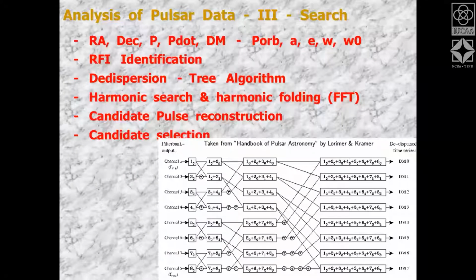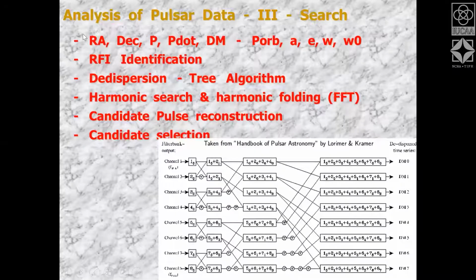The first is the dispersion measure, which is basically the dispersion delay by the ISM, which is also a proxy of the distance to the pulsar. And then the period and period derivative of the pulsar. Again, I'll not go into the detail. A typical analysis first tries to remove the man-made radio frequency interference as best as we can, then de-disperses the data.